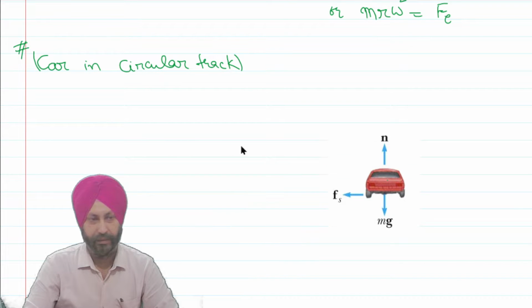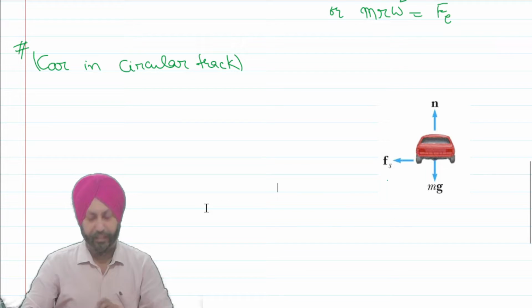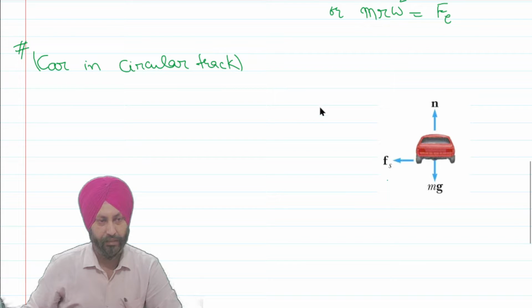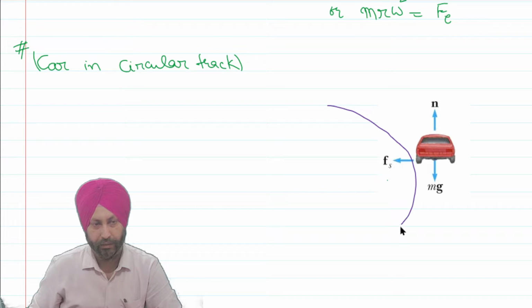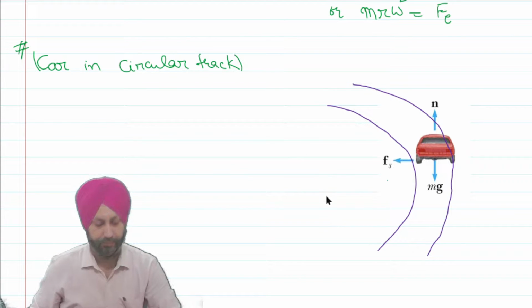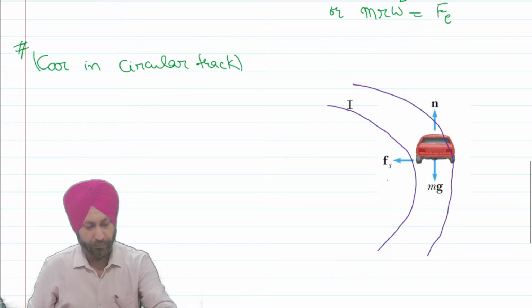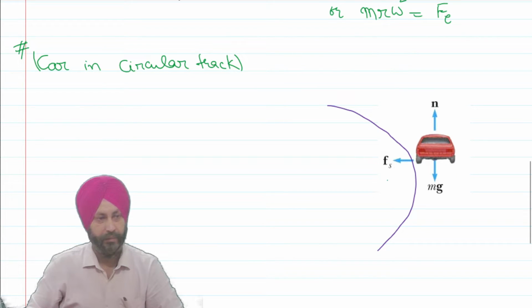This is a car moving on a level circular track. This is a circular track, level, horizontal.